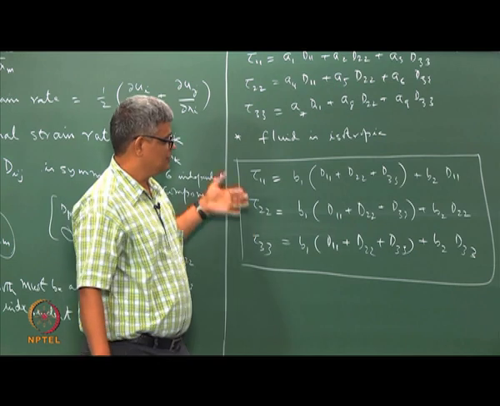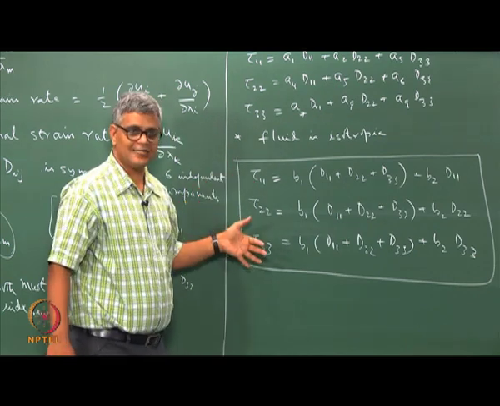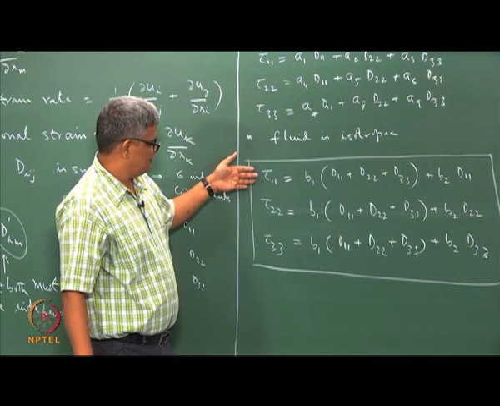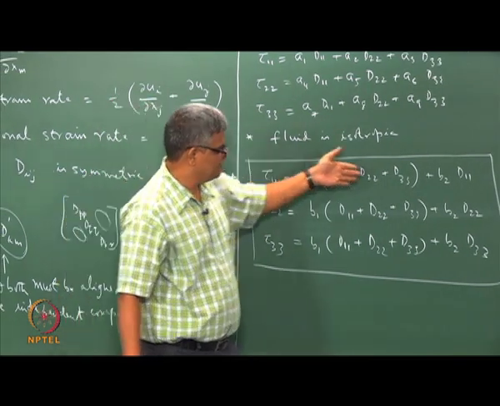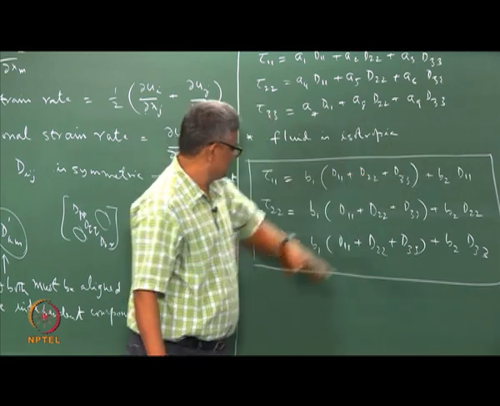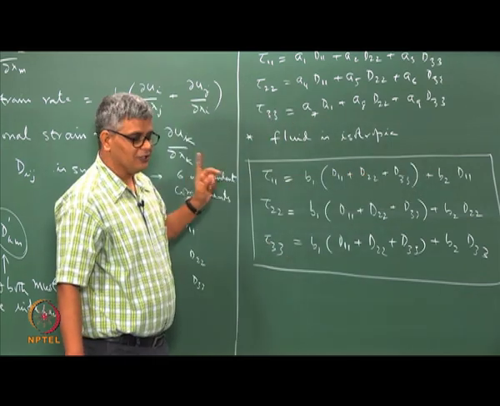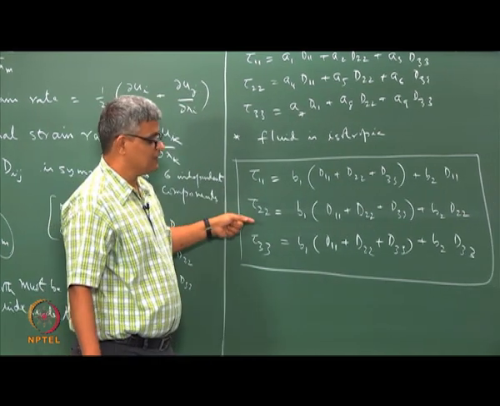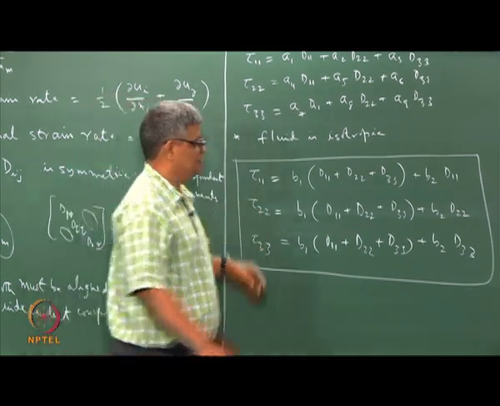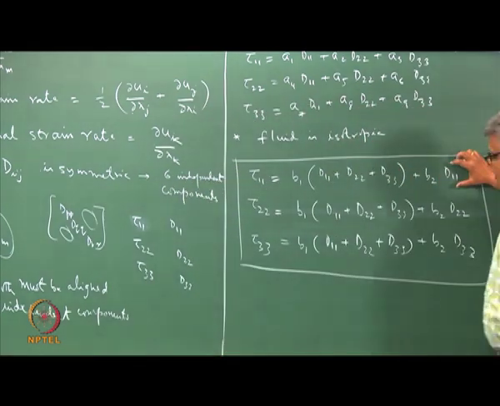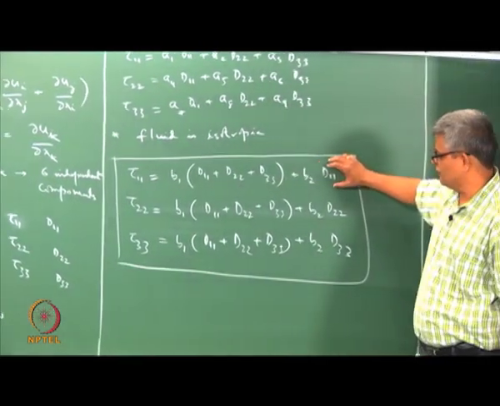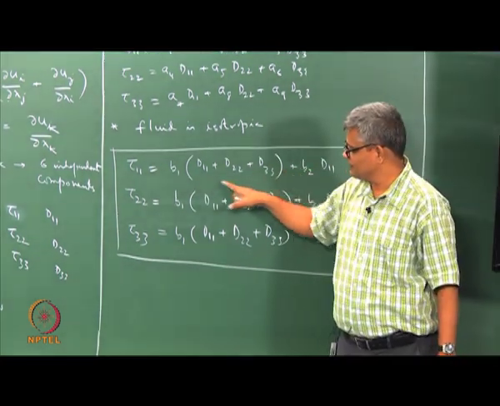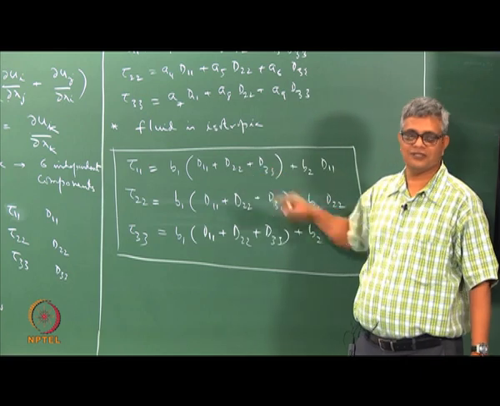So this is a generic description of a linear relation between the principal stress components and the principal deformation rate tensor components involving only 2 constants, B1 and B2, and which is isotropic because you have a deformation D11 associated with the direction of stress, and a transverse component coming here.